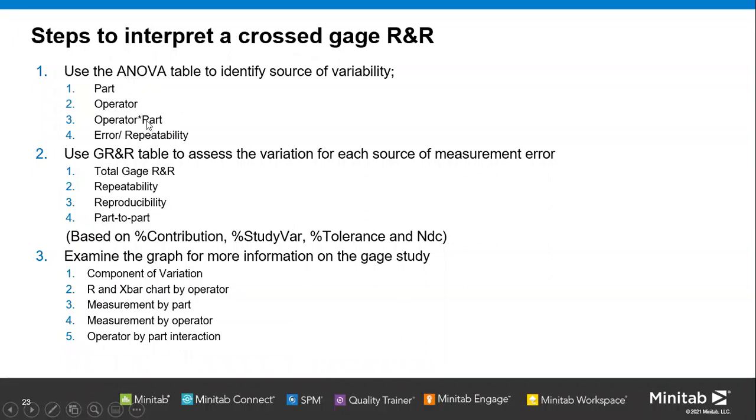In this term, we have the Gage R&R table here to assess the variation. Maybe you have a total Gage R&R, you have repeatability, you have reproducibility, and then you have part to part. All of this, we look at the percentage contribution, the percentage study variation, the tolerance, and then maybe the NDC.